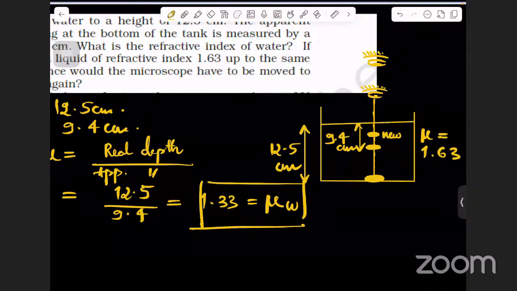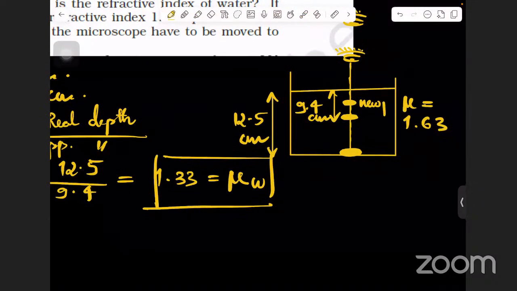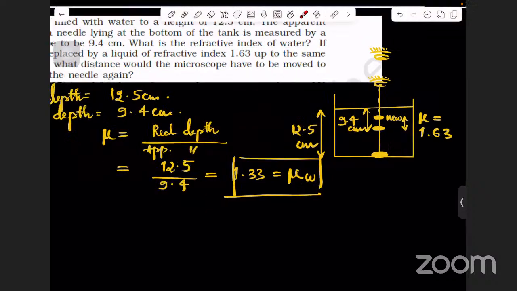So it's asking by what distance would the microscope have to be moved. It's just asking this difference. By how much distance does the apparent depth change?